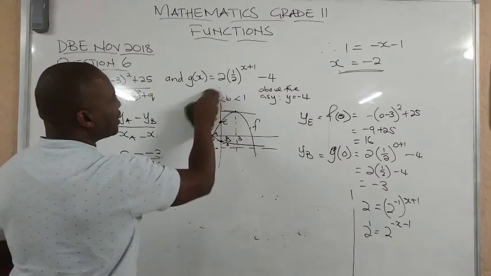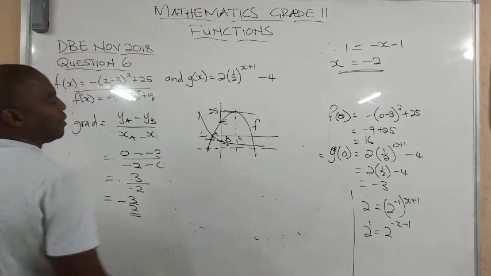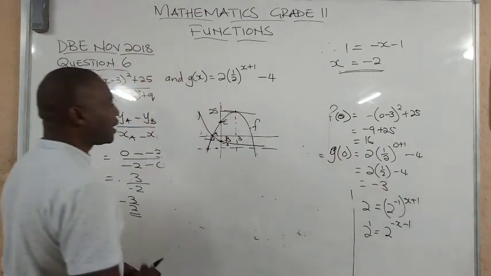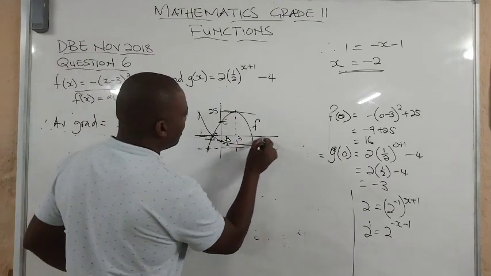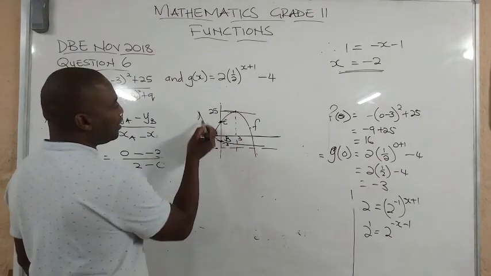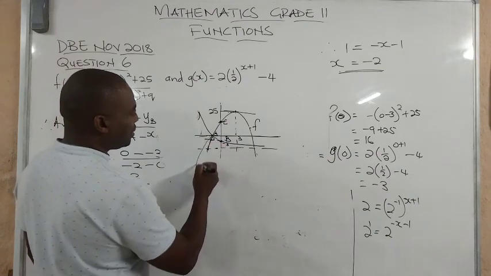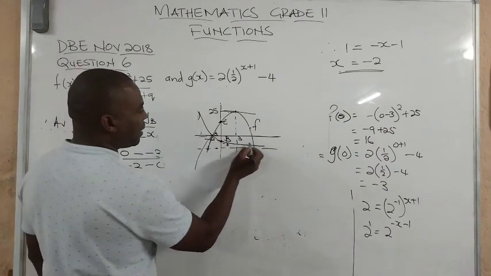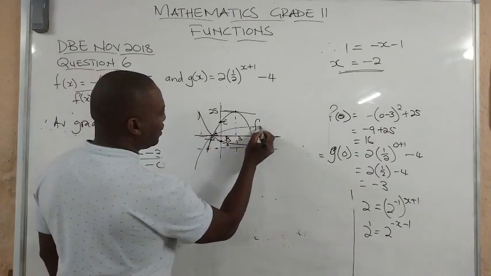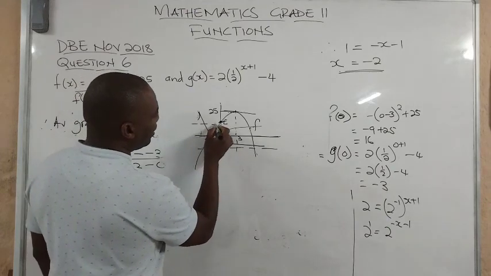If we reflect g of x along the x-axis, that would mean this part of the graph will be coming down. That's the reflection of this part. And then our asymptote will be there.